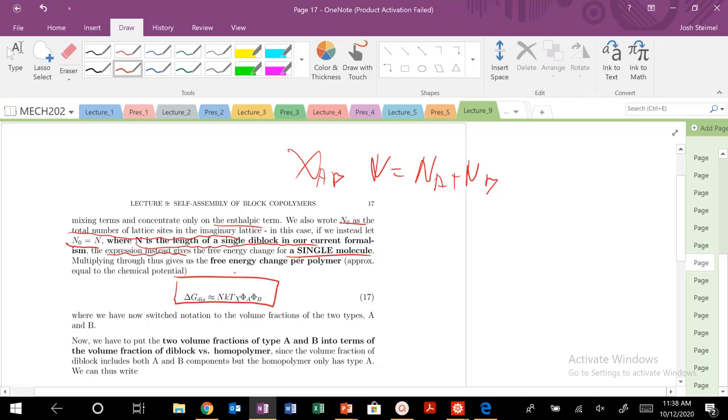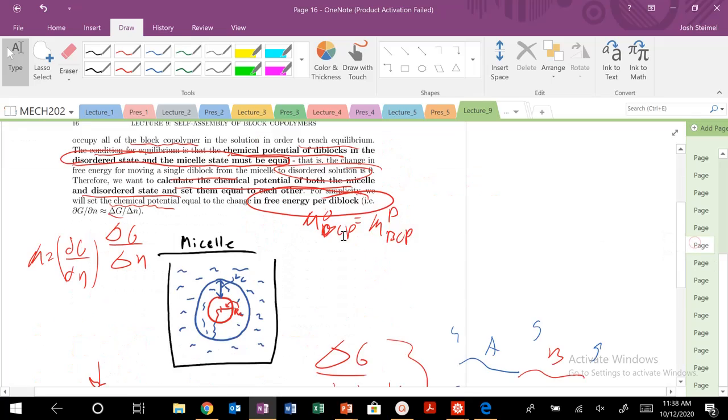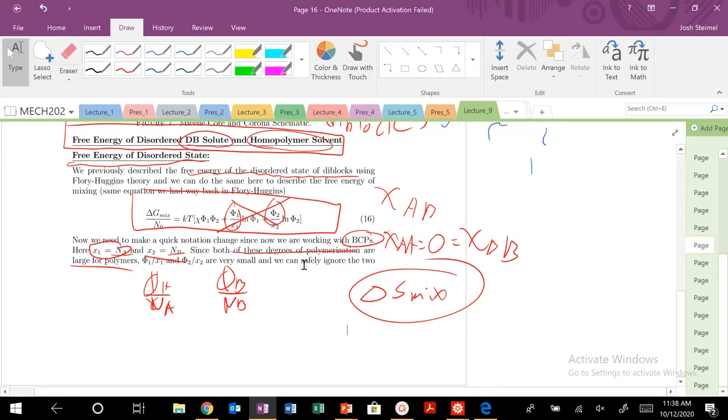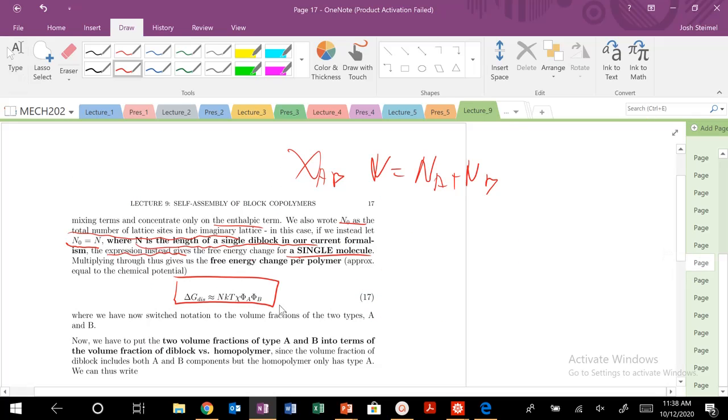Multiplying it through, in this expression it's just kT chi. We make this approximation that N naught equals N, and now we have the free energy per polymer chain. If we multiply it out, the free energy is just going to be this NkT.